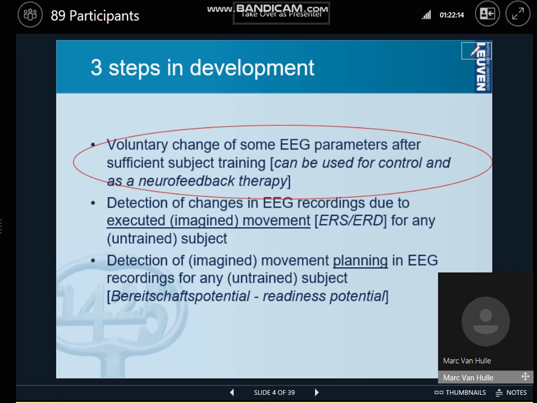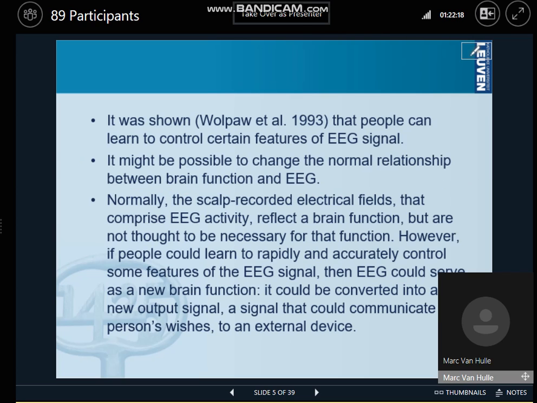So we're going to first start with the voluntary case, slide 5. We have to go back like 20 years or so, where David Wolpaw was one of the first to show that, and I think he was one that advised the Hollywood movie series Dr. House, how it can be done, that people can control certain signal features of the recordings.